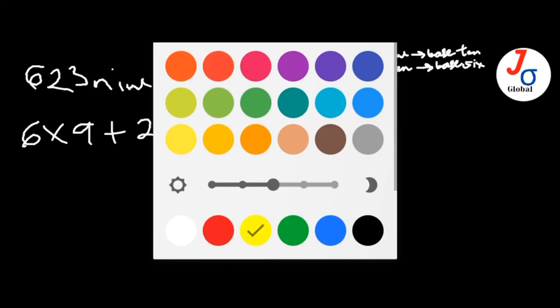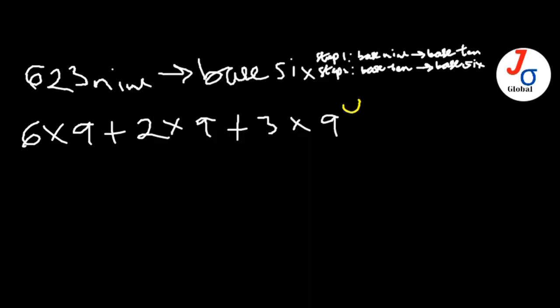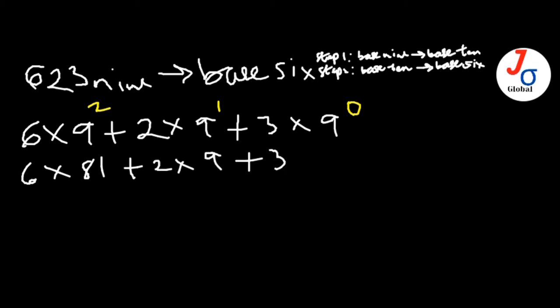And so we're going to give the base a power from the right, 0, 1, 2. And so we have 9 to the power of 2 is 81, plus 2 times 9, then plus 3 times 9 to the power of 0, which is 1.